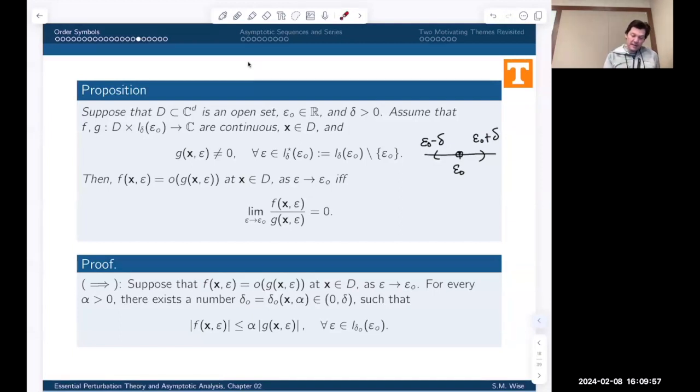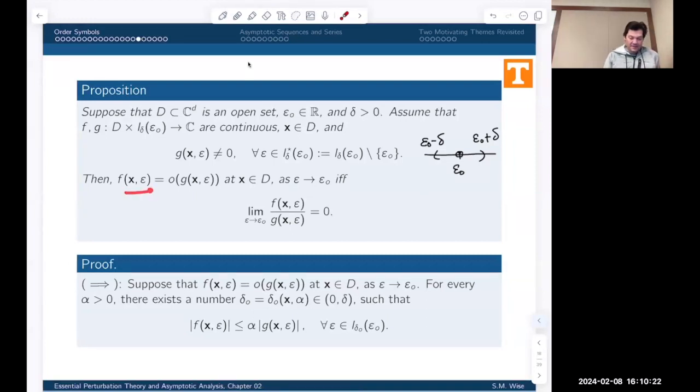So for every epsilon in this interval, it could be over here, could be over here, could be over here. As long as it's not this point, we're not considering that point, then as long as it's somewhere in this interval, g of x epsilon is non-zero, because I don't want to be dividing by 0.